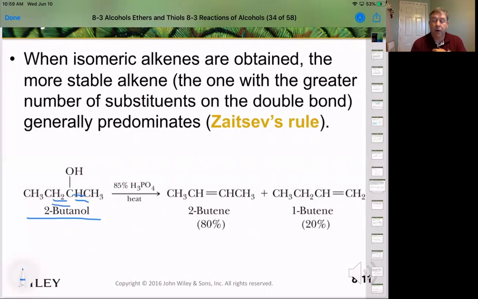And what we see in the product distribution is we have 80% of it give us the di-substituted alkene, and only 20% of it gives that mono-substituted alkene. So these acid-catalyzed dehydrations of alcohols to form alkenes follow Zaitsev's rule. The more substituted double bond is the major product.